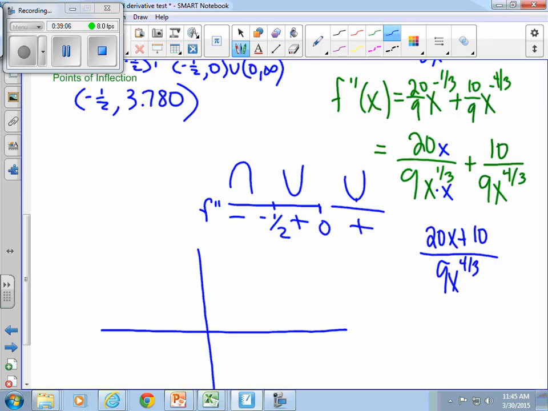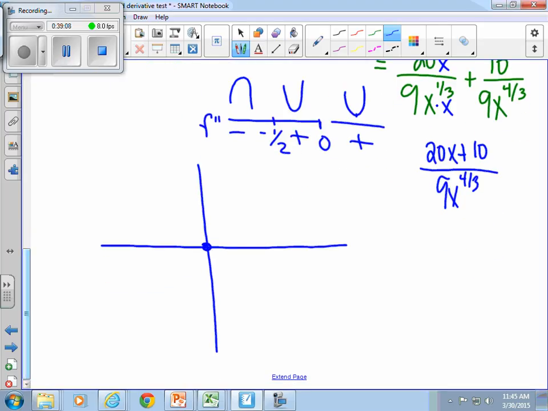Okay, so I'm walking through the top information. (0, 0) was an x and y intercept. What was the other x intercept? 2.5.